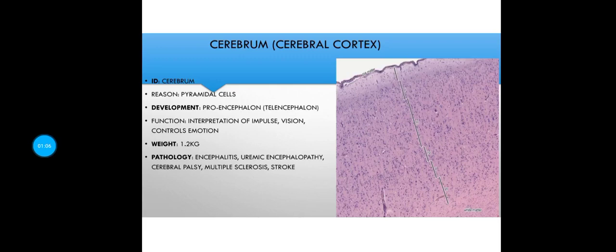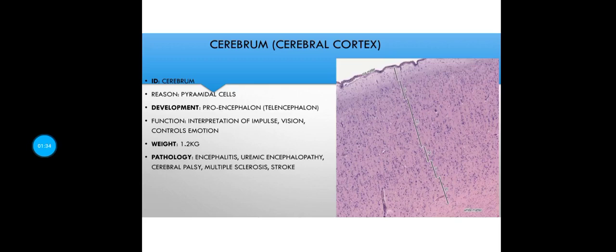The major reason for identifying the cerebrum is the presence of pyramidal cells in the cortex. The development of the cerebrum is from the prosencephalon, the telencephalon. The function of the cerebrum includes interpretation of impulse, vision, and it also controls emotion.